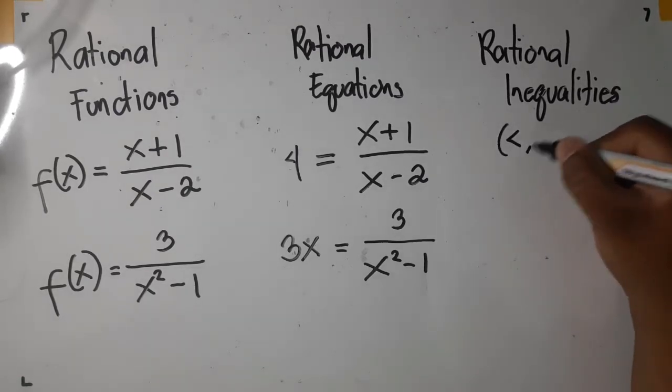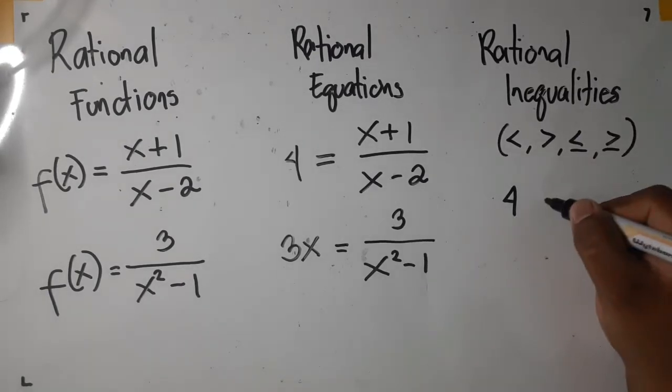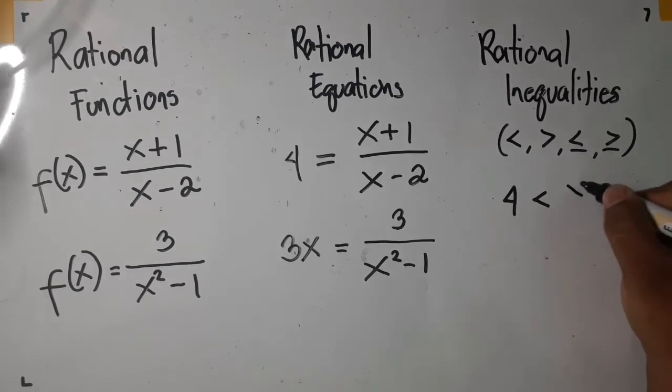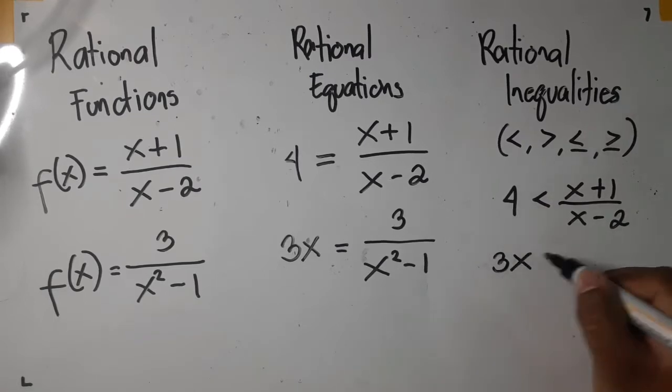For rational inequalities, you can clearly see it is an inequality if you notice the symbols less than, less than or equal, and greater than or equal. Say, for example, these two examples.